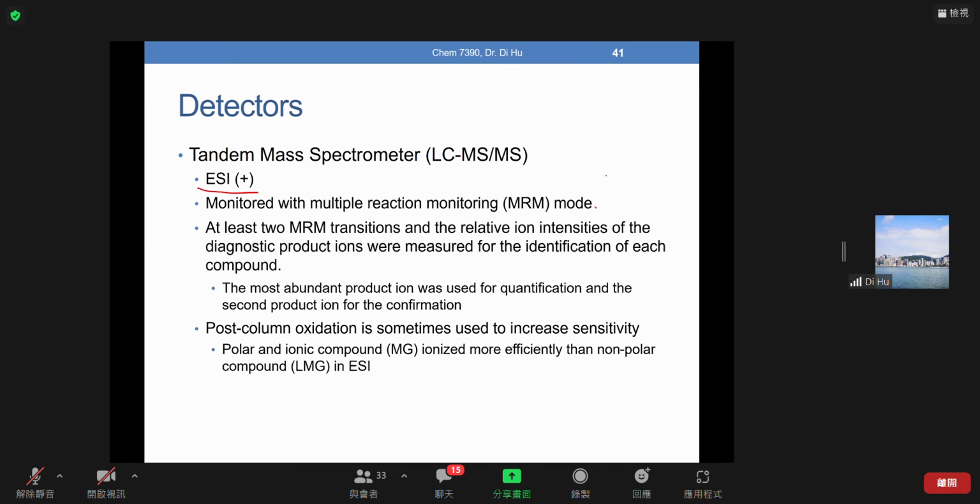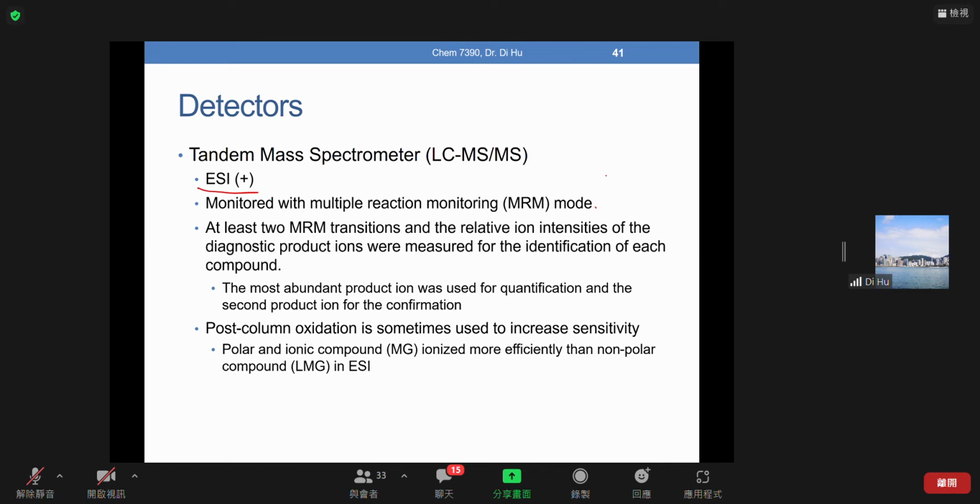And then we use the relative ion intensity of the diagnostic product ions. We have two pairs: the more abundant one is used for quantification, and the second most abundant one is used for confirmation. So that's what I do for that one.